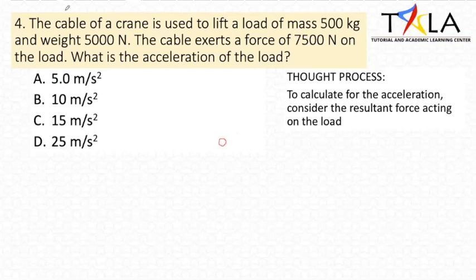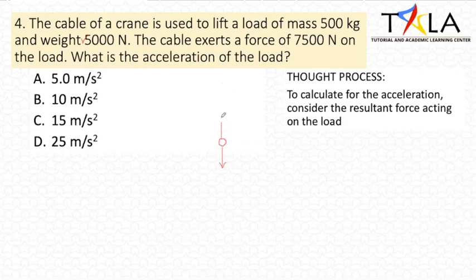Our object weighs 5,000 Newton. So, ano siya? Downward or upward force? The weight? Downward po. Nice. Downward force. And the cable exerts a force of 7,500 Newton. Is it downward or upward? Upward po.